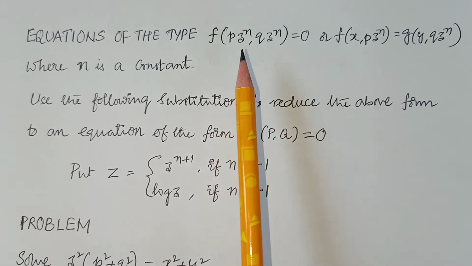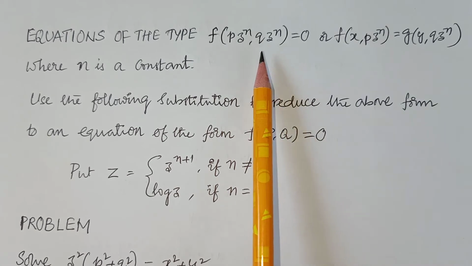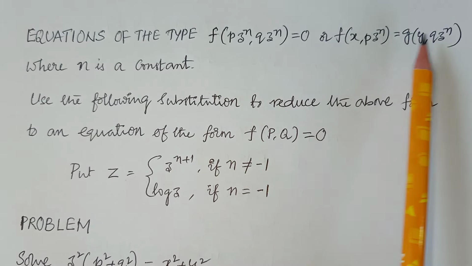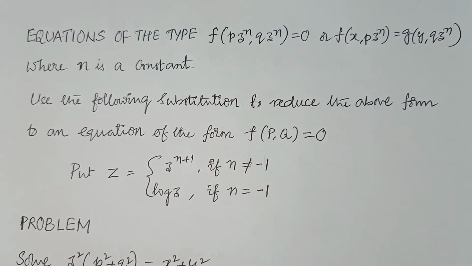When you observe pz and qz combinations, we use a transformation. Put capital Z equal to z^(n+1), if n is not equal to minus 1.